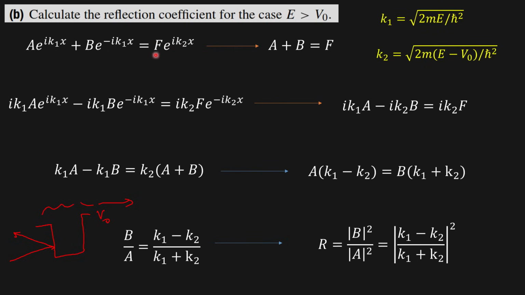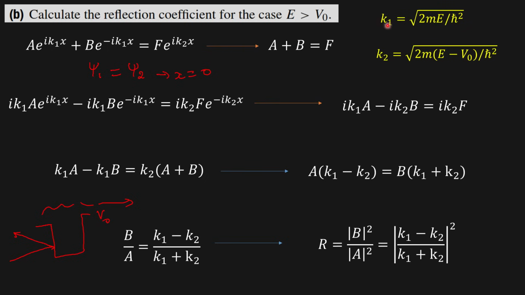So this is at the right hand side. So this is transmission. When x is equal to 0, this psi1 must be equal to psi2 at the boundary. At the boundary means when x is equal to 0. So when x is equal to 0, you will get A plus B, which is equal to F.